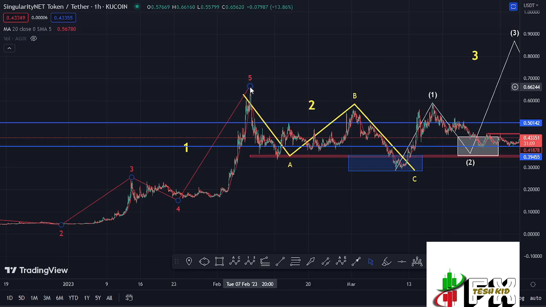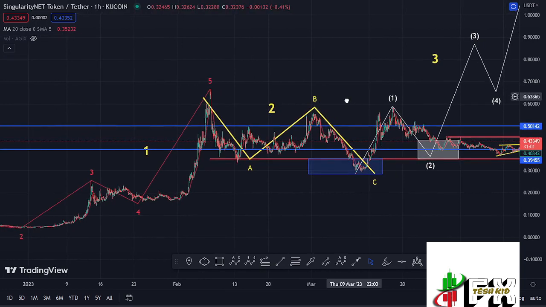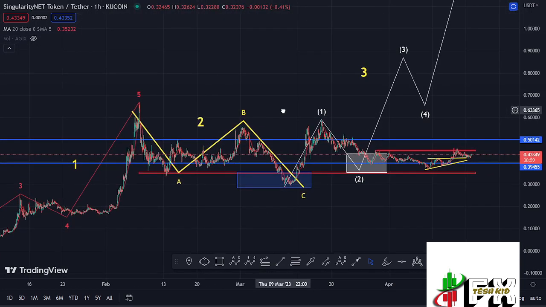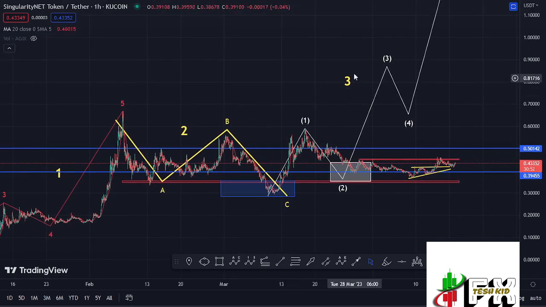And having seen the high for that first wave, whatever we expected next was a corrective structure in the formation of this wave 2. And having seen the low for that second wave, I now believe that whatever we are seeing at the moment is the start of an impulsive wave to the upside in the formation of this wave 3.